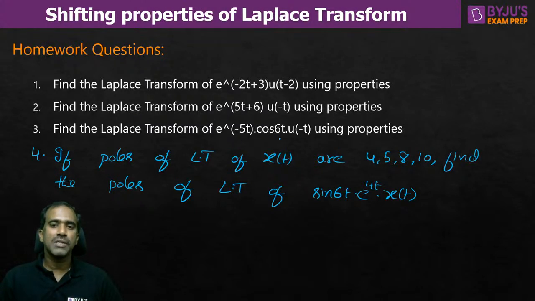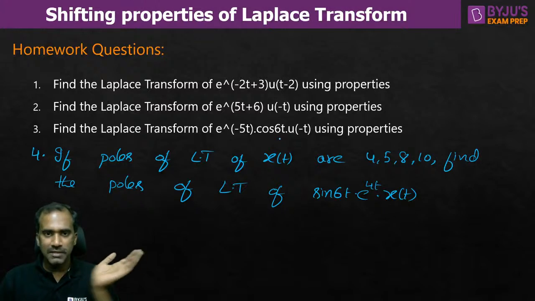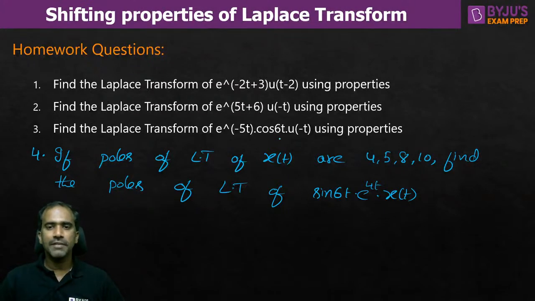What happens to the ROC when a certain property is applied? That understanding is the most important part. If we don't talk about ROC, then the Laplace transform that we learn in mathematics, which is unilateral Laplace transform, and the Laplace transform that we learn in signals and systems will not be different. Without ROC, the Laplace transform in signals and systems learning is useless.